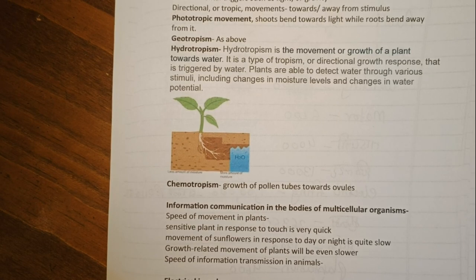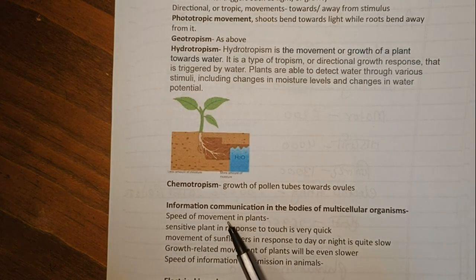The roots always grow downwards, the shoots grow upwards away from the earth. Okay, and this is called geotropism. We have seen that. Hydrotropism, phototropism, and chemotropism. Now let's look at how information communication takes place in the bodies of multicellular organisms.